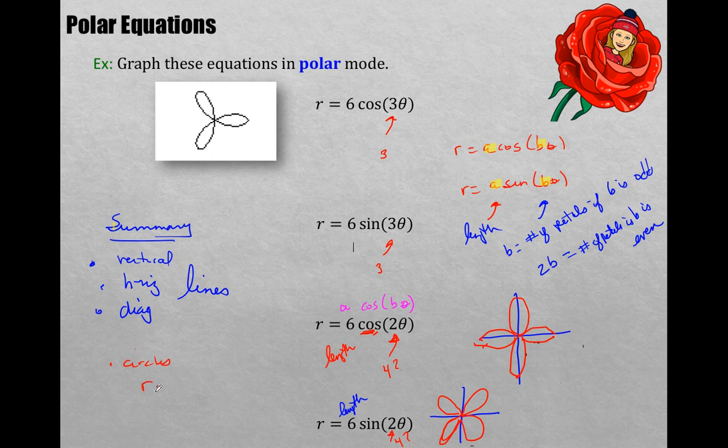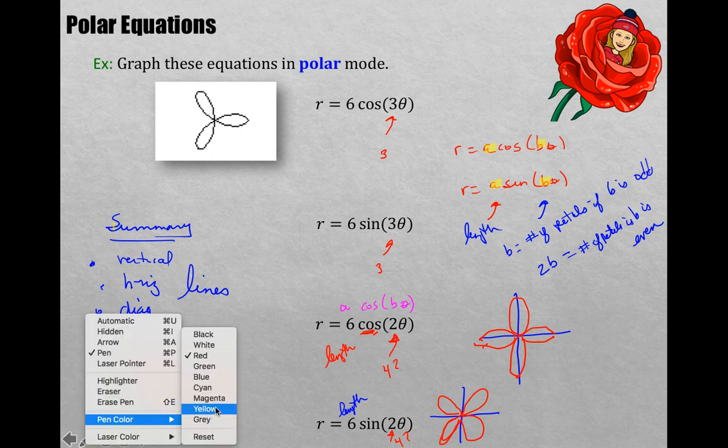And that was r equals a cosine of 1 theta, or r equals a sine of 1 theta. Those were circles. We recognized those rectangular forms, right? They were our conic sections from last year. Kind of a little bit nicer, I would say, probably in polar form.